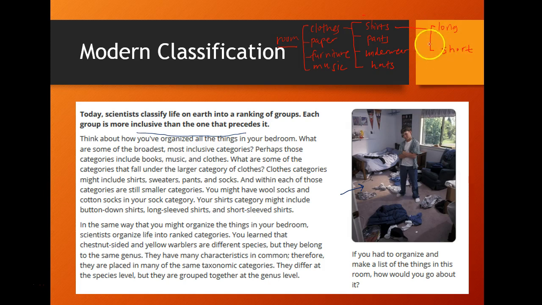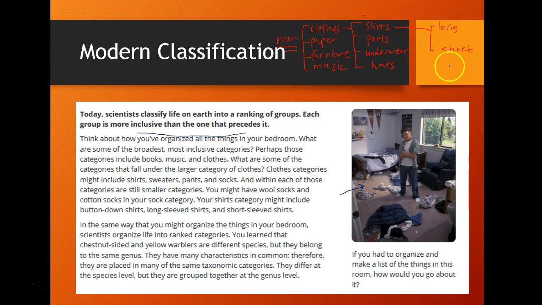So we started with the room, and then we talked about all of the things in the room. Then we took clothes and broke it down into the different types of clothes we might have. Then we took shirts and broke that down even further.